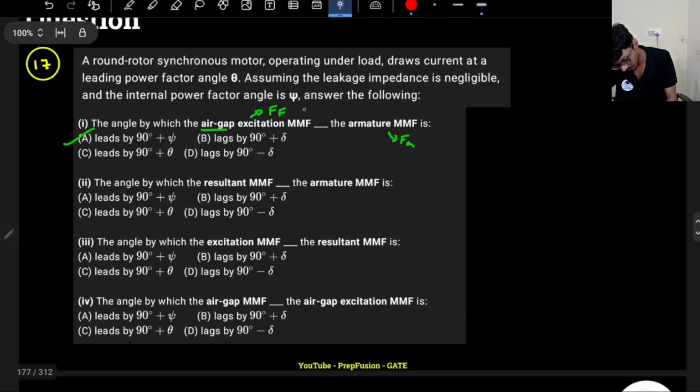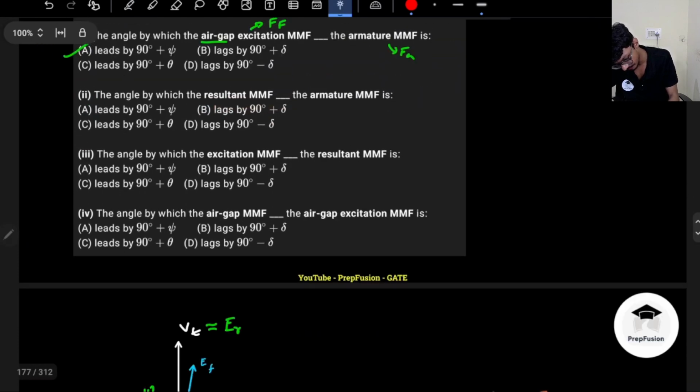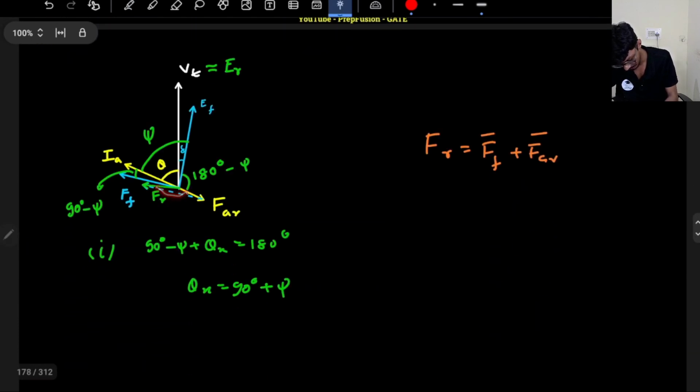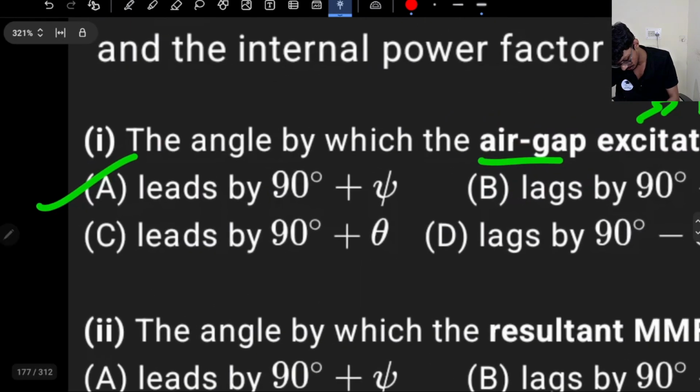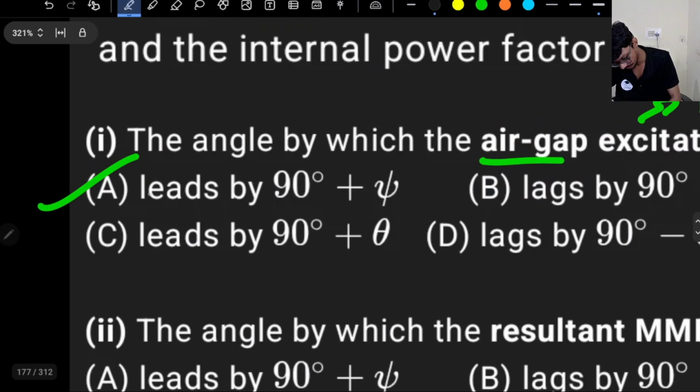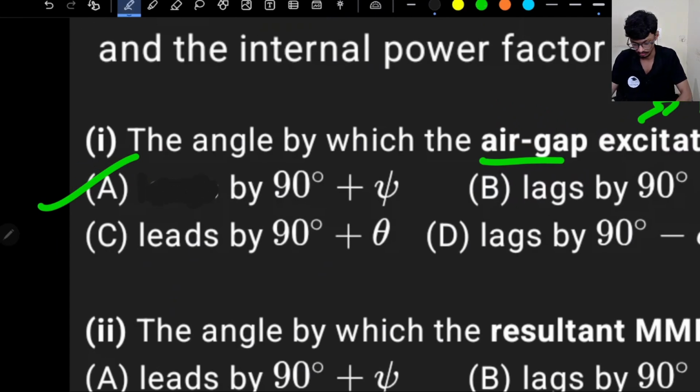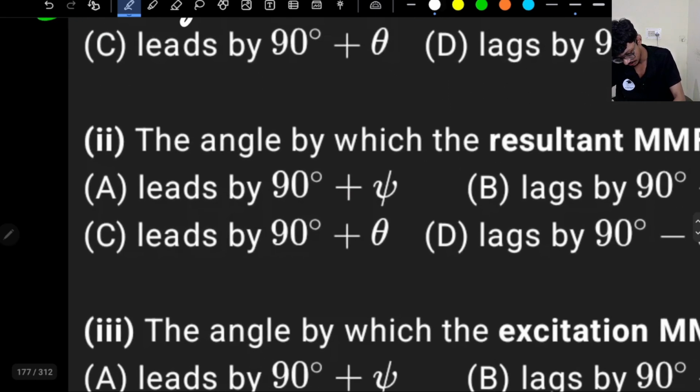Here also it is wrong. The air gap excitation MMF lags the armature MMF. It should lag. All these options should be changed actually. I noticed only now. It should not be lead, it should be lag.